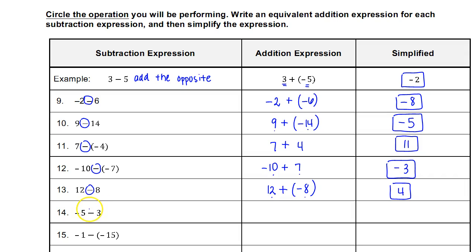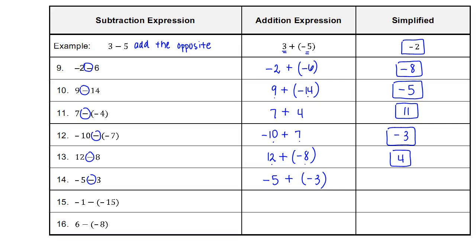For number 14, we're going to rewrite -5 minus 3 as -5 plus -3. So I leave the first integer alone and I rewrite as adding the opposite. So instead of minus a +3, I'm adding a -3. 5 negatives and 3 negatives are all negatives, so I have -8, no 0 pairs.